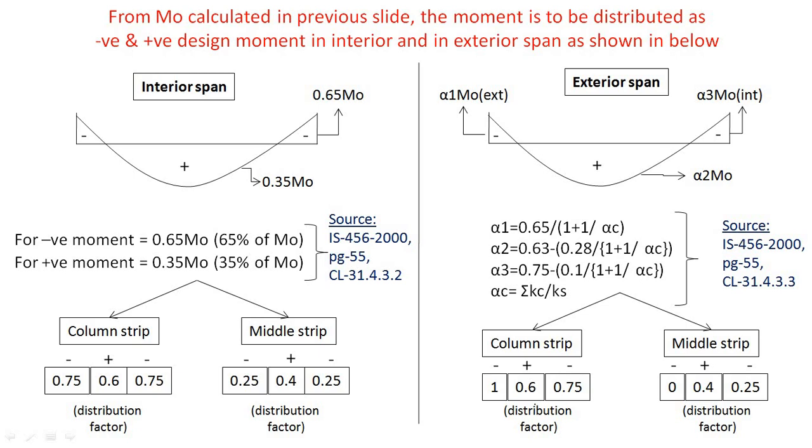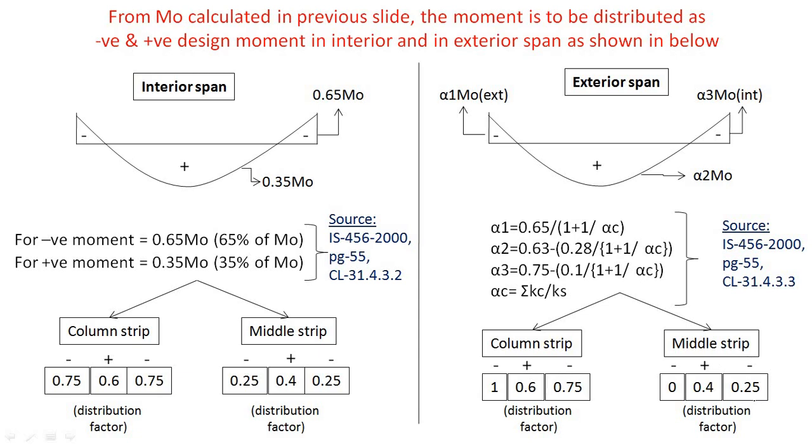So 1 minus 1 is 0, so negative external edge will be 0, then the positive center will be 1 minus 0.6, which is 0.4, and for the negative internal support there will be 1 minus 0.75, which means 0.25.